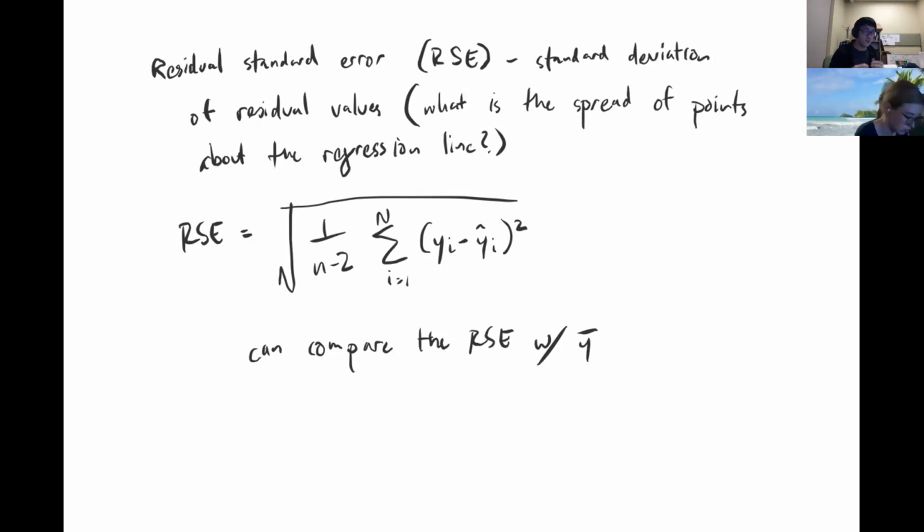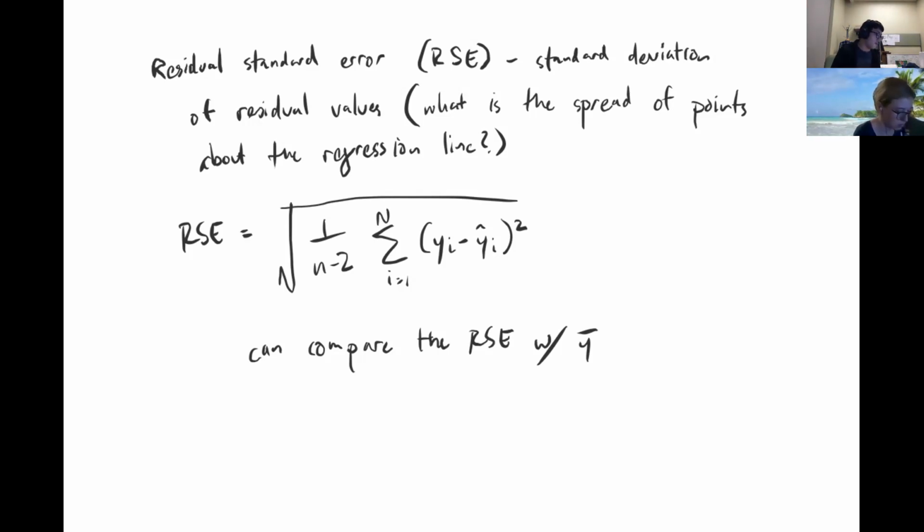You can, however, if you're looking at a couple different models that are measured against the same response variable, the same y, then it is valid to compare the RSEs, and that will tell you relatively how the models compare.